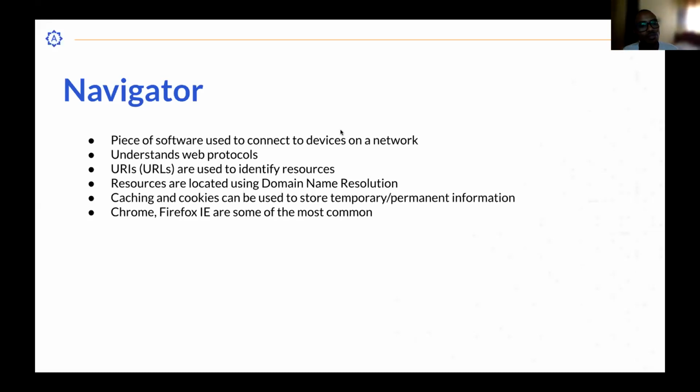And the browser will be like an intermediary between both parties. It will ensure that both the sender and receiver adhere to the same protocols and follow the same rules so they can exchange information. So that's why it is important that the web browser understands protocols that are used for communication on the web.